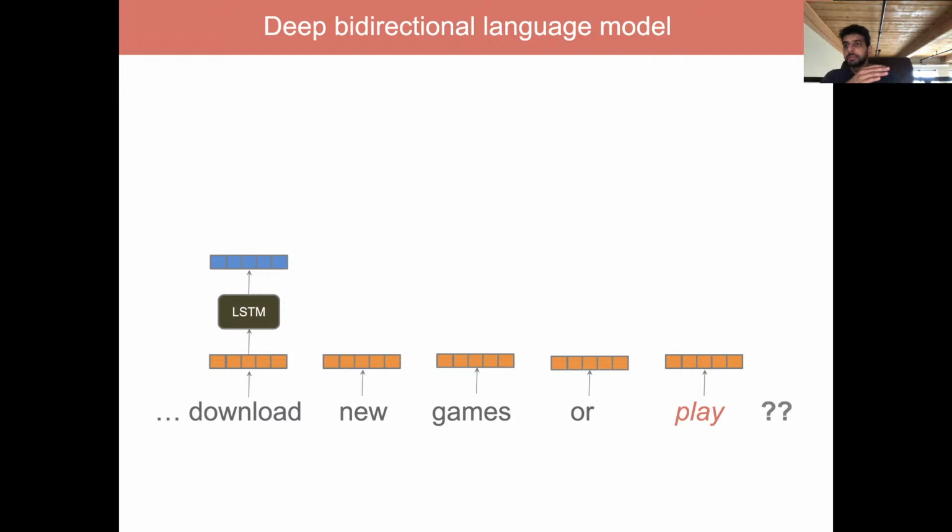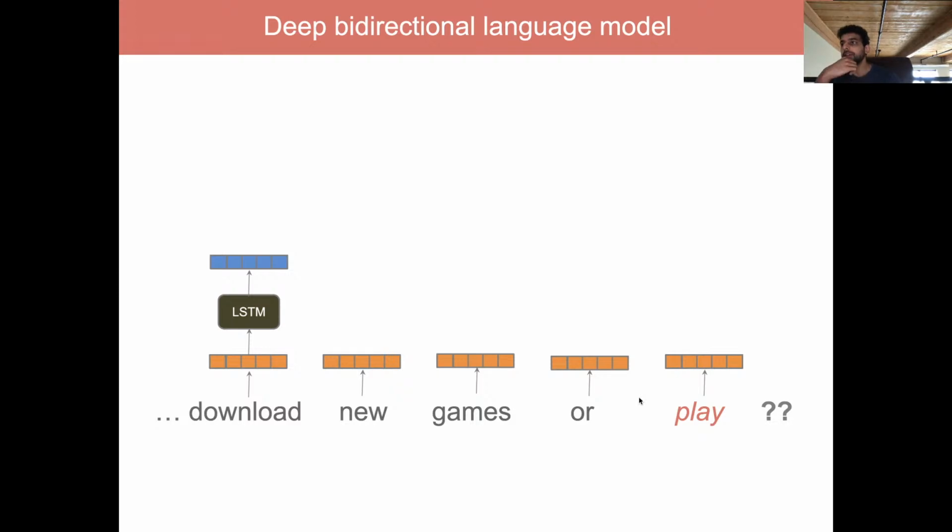If you're thinking about the way in which a recurrent neural network builds representations, if I have just a left-to-right recurrent neural network, then my hidden state for the word "download" doesn't include any of the information for other words in this sentence. I've only seen "download." I haven't seen "new games" or "play."